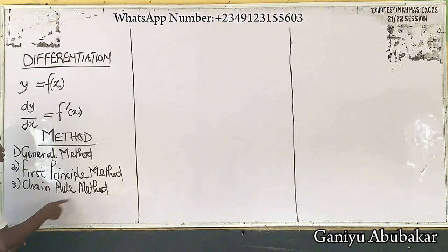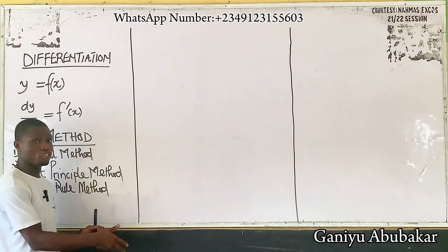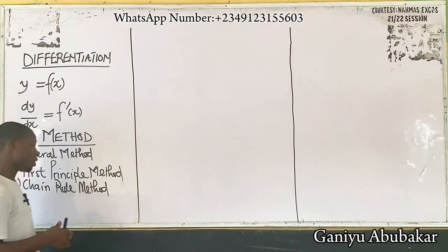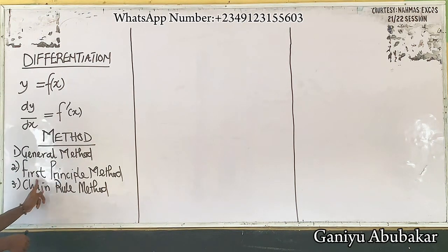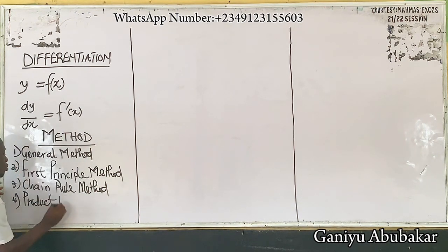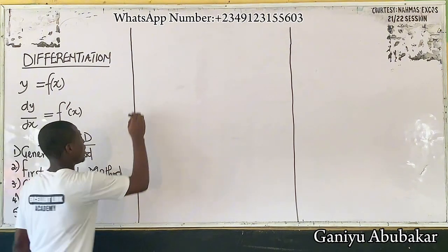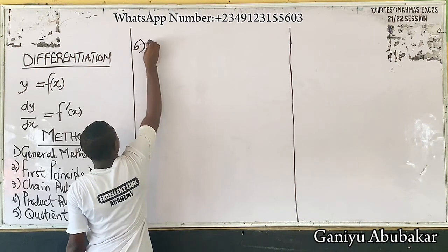So chain rule is called function of a function or function of several functions. So I have general method, first principle, chain rule. Number 4, I have product rule. Number 5, I have quotient rule, and number 6 there I have implicit differentiation.